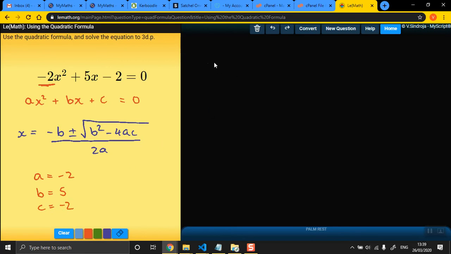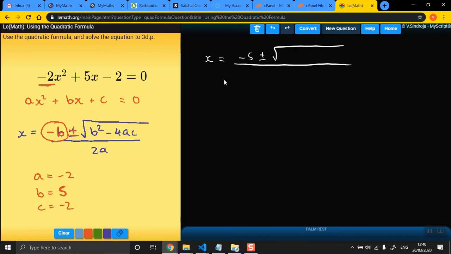Let's go over here now and actually work out the answer to this equation. I need a big fraction line first of all. The formula starts with negative b. Our b is positive 5, so minus b would be minus 5. That plus or minus symbol I'll explain later on, so let's just copy it here, plus or minus the square root.